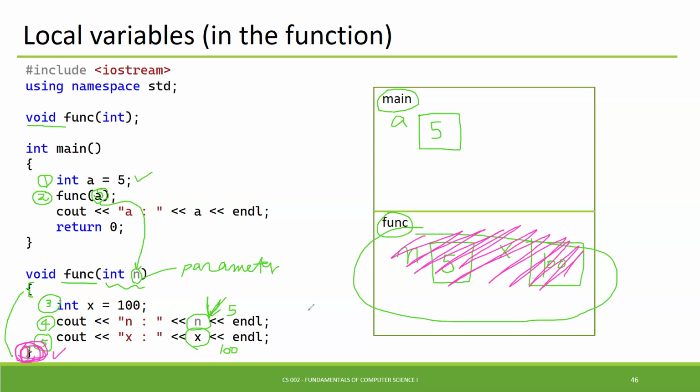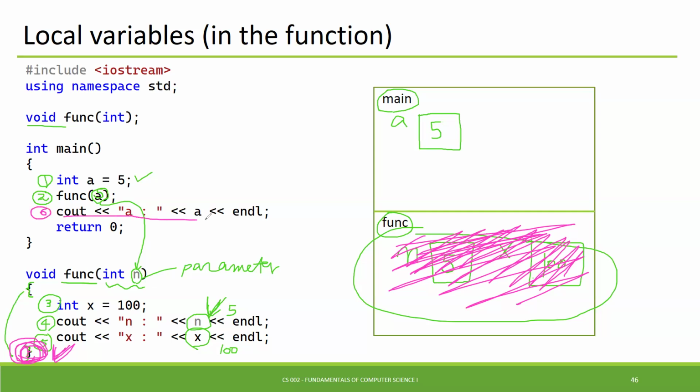Local variables will be removed from the main memory when the block that creates them ends. So when the function ends, the compiler will get rid of all the data in this block.